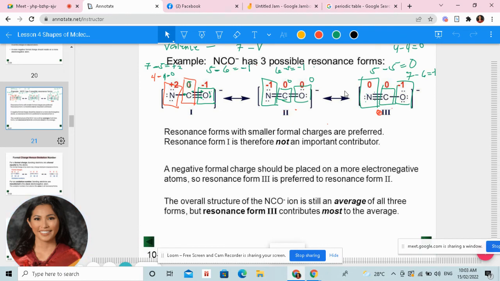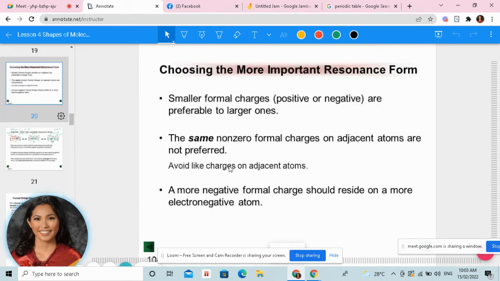Now, of the three structures, which one is the most contributing, the correct structure? So we have the rule. Okay? Smaller formal charges, positive or negative, are preferable to larger ones.